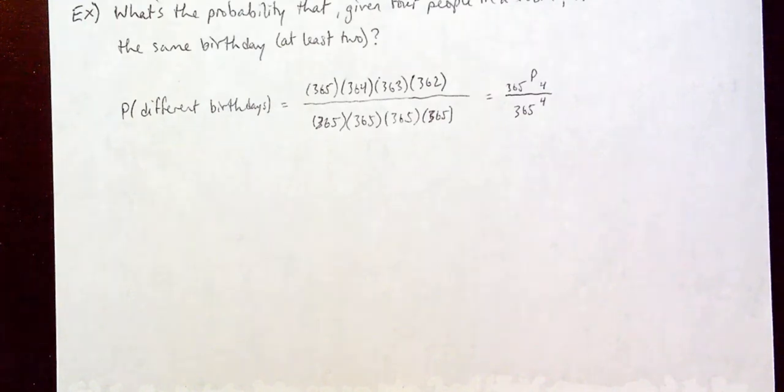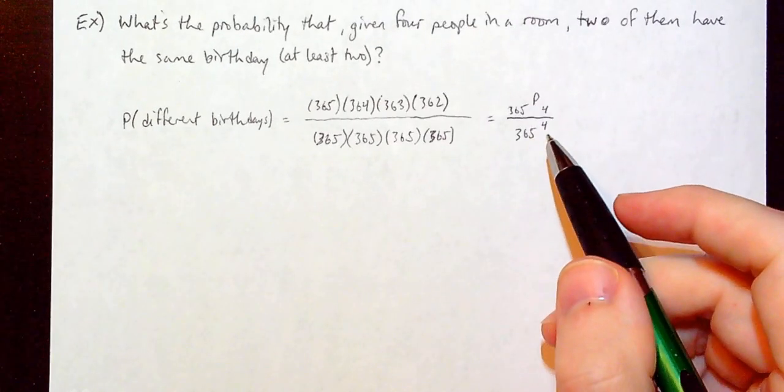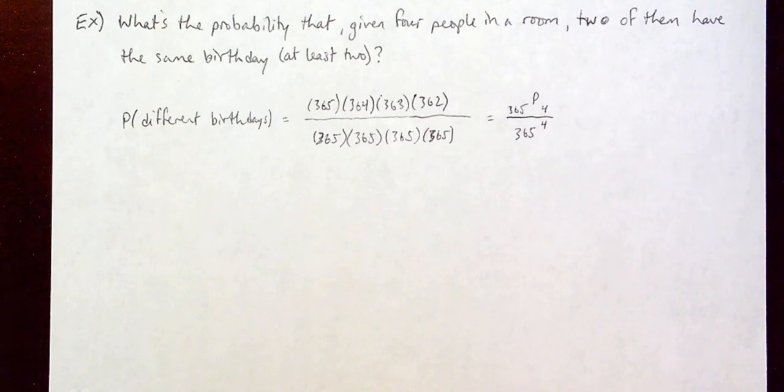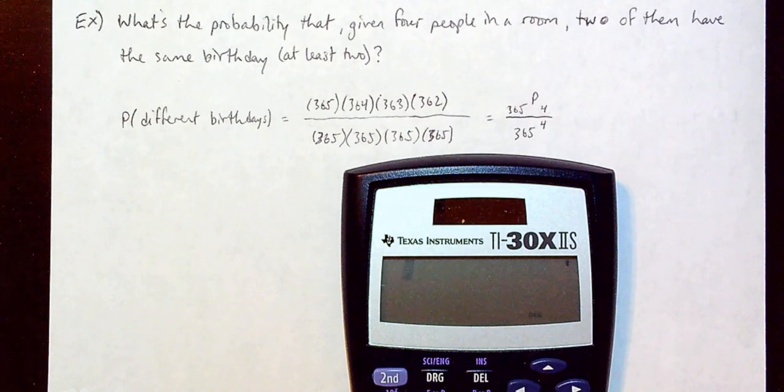So this is the probability that these 4 people have completely different birthdays. And if we plug this into the calculator, I can tell you right now we're going to get some ugly looking numbers. Some very large numbers.